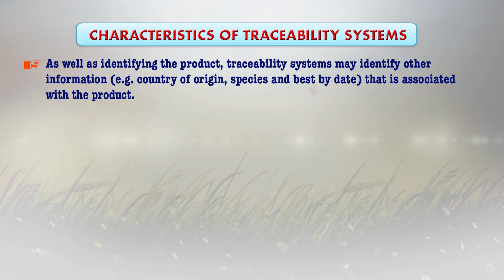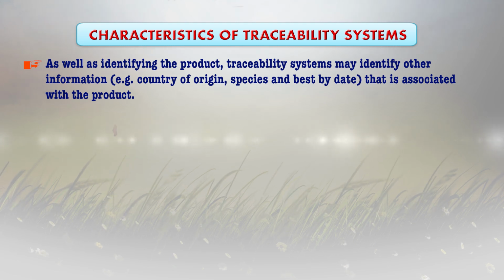That may identify other information like country of origin. Sometimes we think about which country it came to India from. So, we will see that, and then we will also spell out, like, this is a Chinese product, it is made in Indonesia or it is made in India.